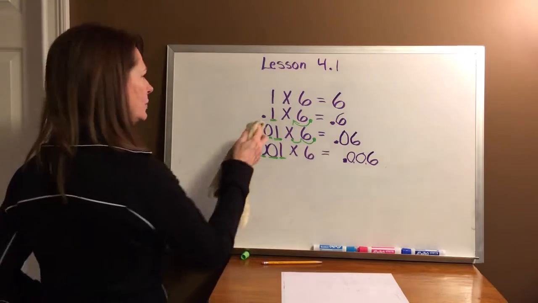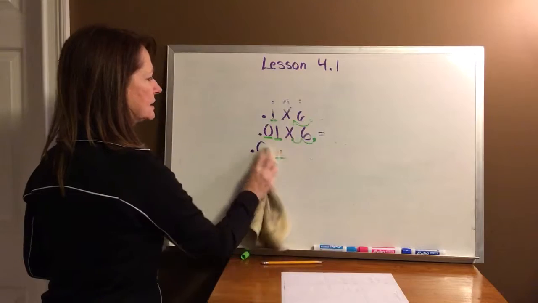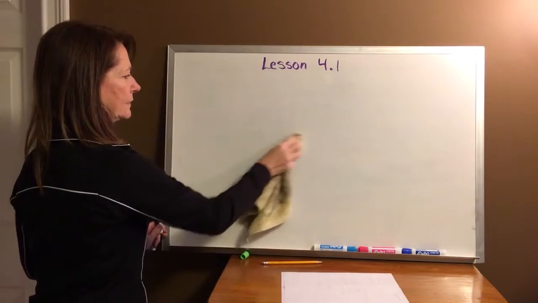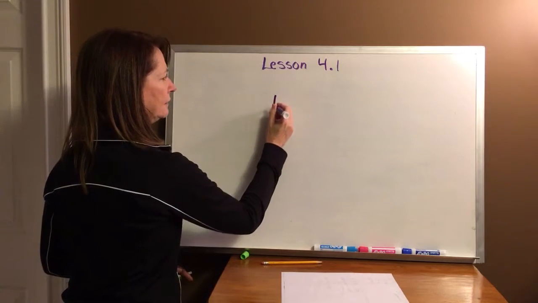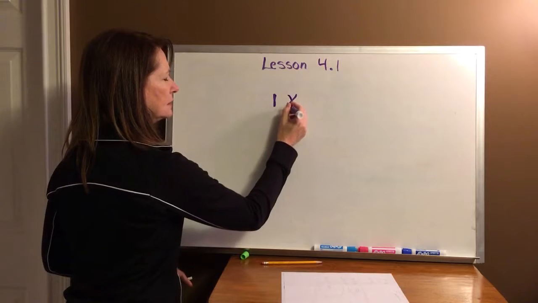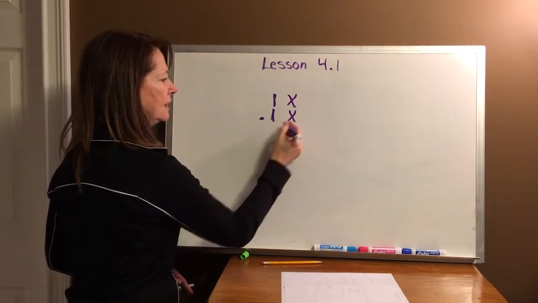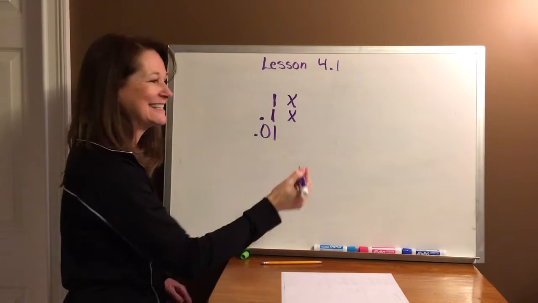Still the same concept, but let's go ahead and put another one up here just for more practice. So we'll go ahead with our 1 times, and then our 10th times, and I know, there's a pattern even in this, isn't there?